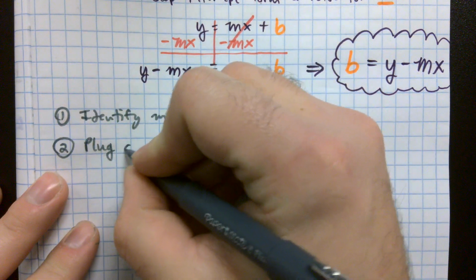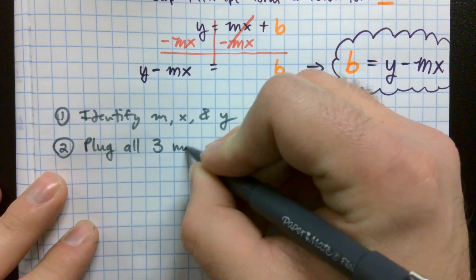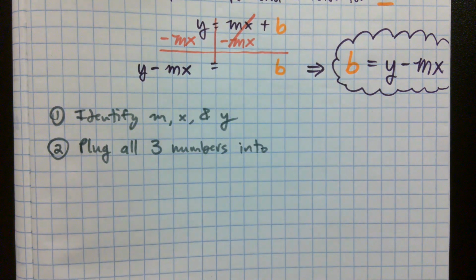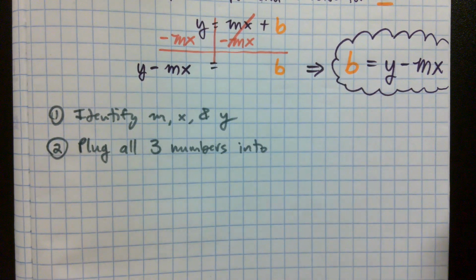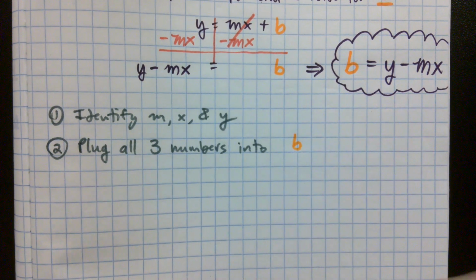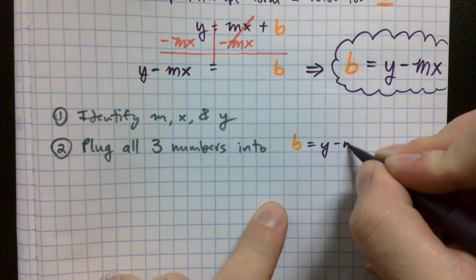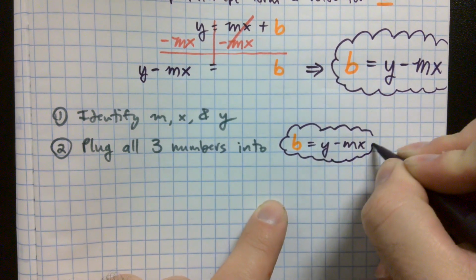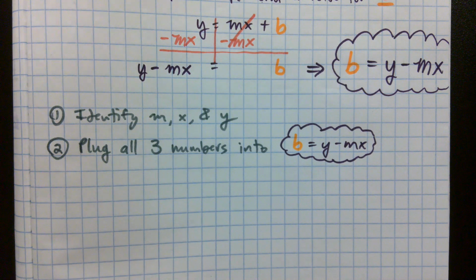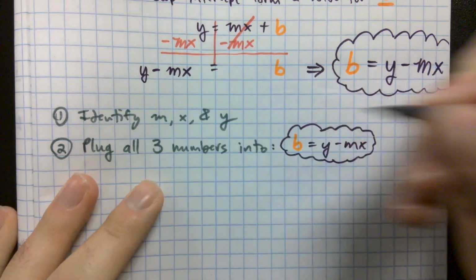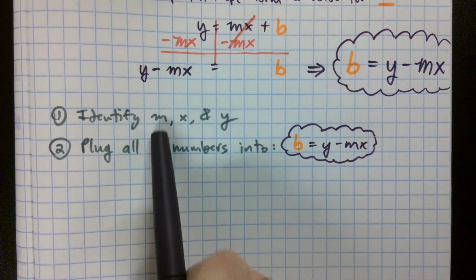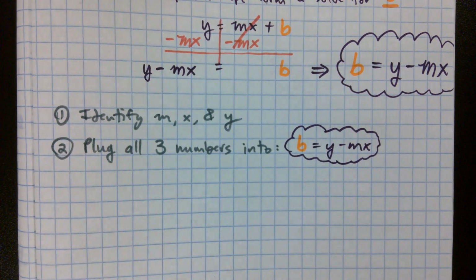Then you're going to plug all three numbers into our formula. B is equal to Y minus MX. Of course, there's nothing to plug in for B, just the M, the X, and the Y that you identified in step 1.